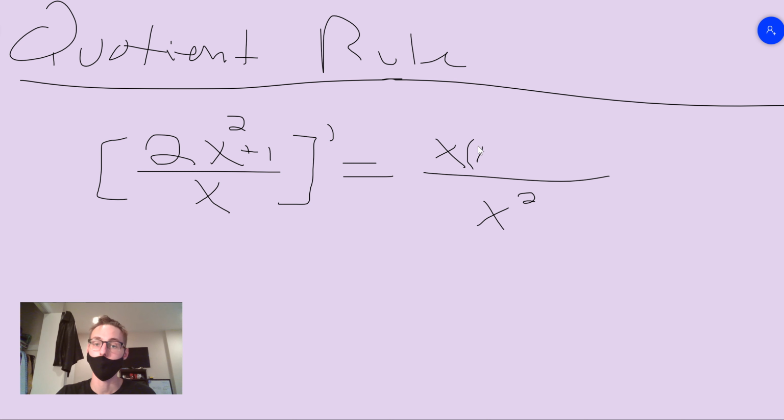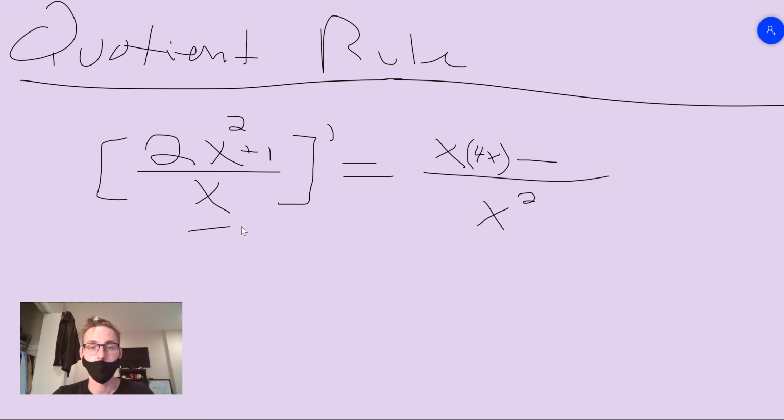Times 4x. Subtraction is not an addition like the product rule is. This is a subtraction, so you need an extra long minus sign on the top there. Next, since we took the derivative of the top times the bottom, now we need to take the derivative of the bottom.